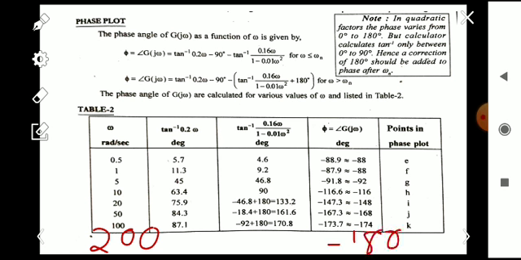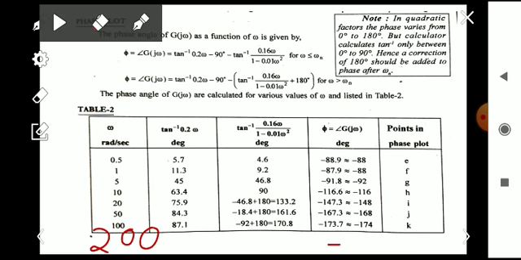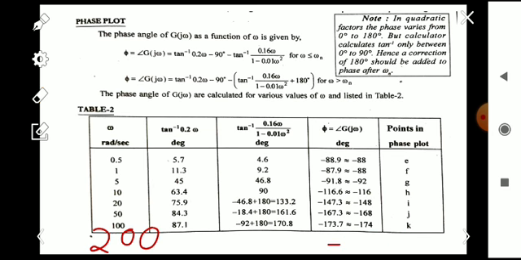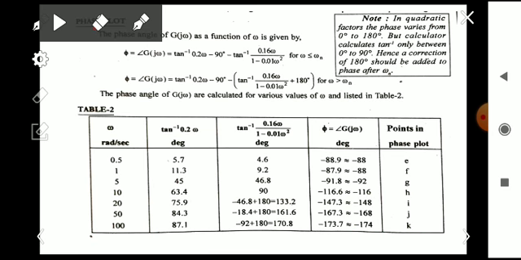The value will be something below 180, approximately 178 something. Whatever the frequency may be, it will never reach a value of minus 180. You can check by finding the phase angle using the calculator itself.